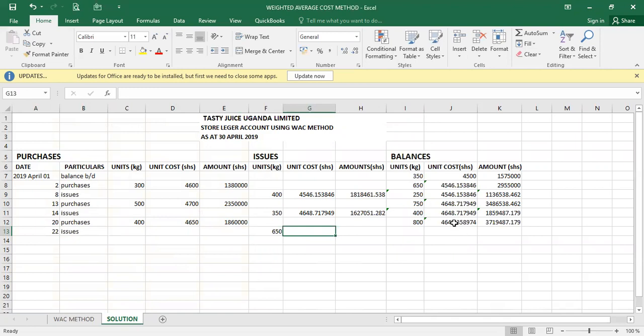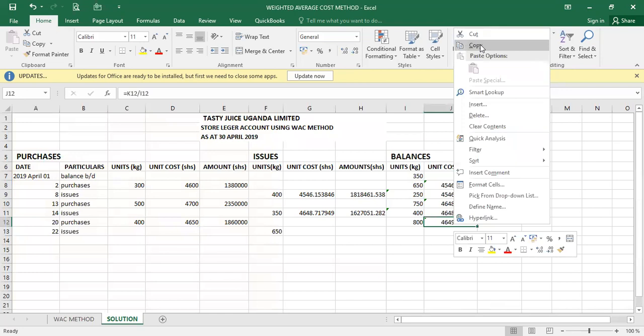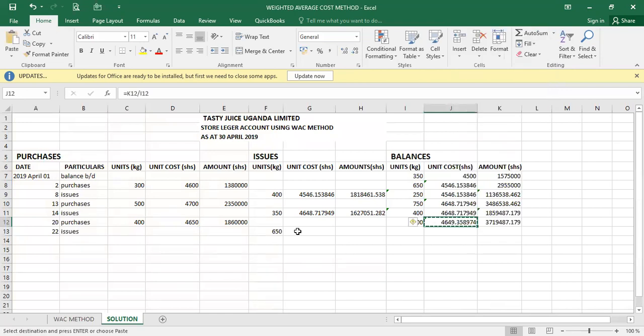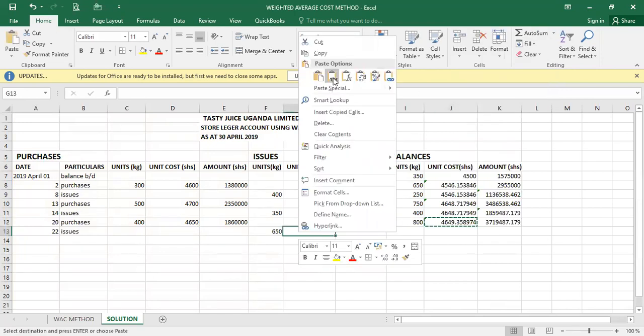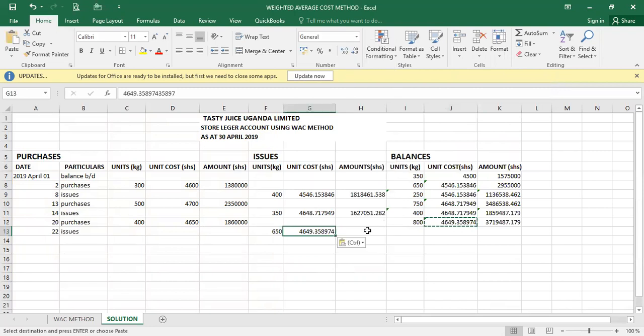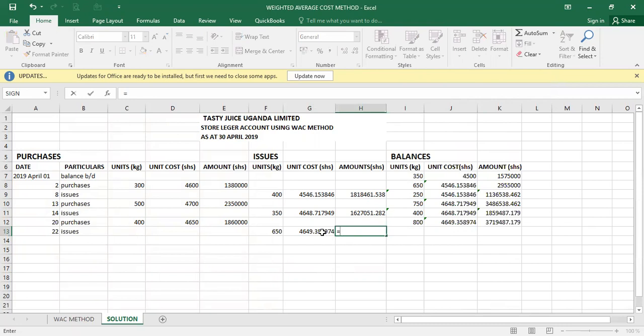We just mind about the cost. What are we using to issue as in terms of the unit cost? Paste that one there. Then we try to look for the total cost. It will be this multiplied by this.